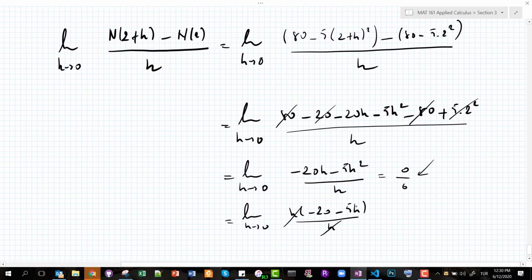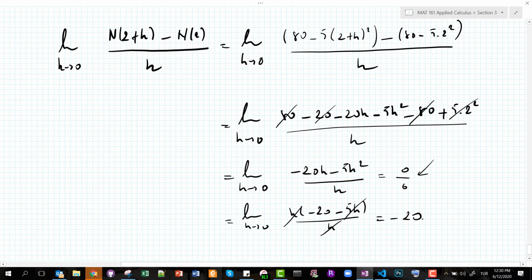When h goes to 0, this term goes to 0, so it's going to give me negative 20. So as you saw, I took the limit and found negative 20. What it tells me is that if you sell at $2, the demand will decrease at a rate of 20. That's the instantaneous rate of change.